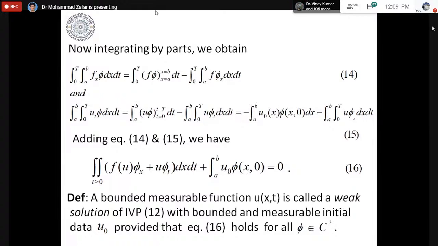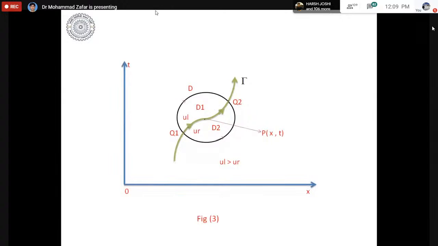So the definition is: a bounded measurable function u is called a weak solution of the initial value problem 12 with bounded and measurable initial data u naught, provided that equation number 16 holds for all test functions phi belonging to C1.